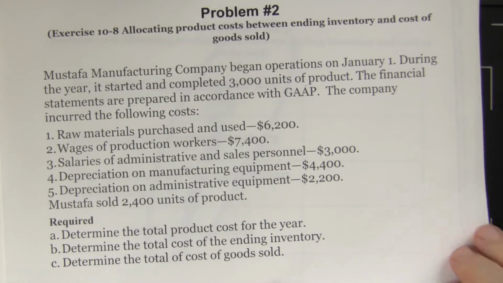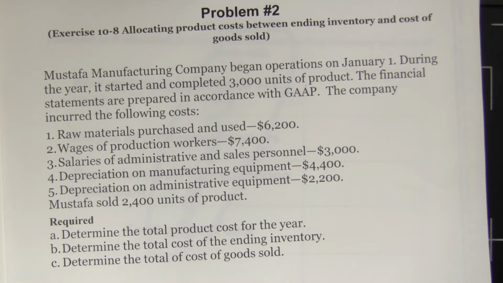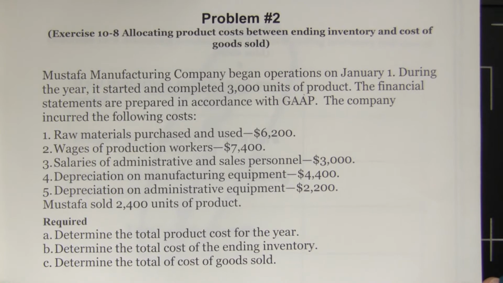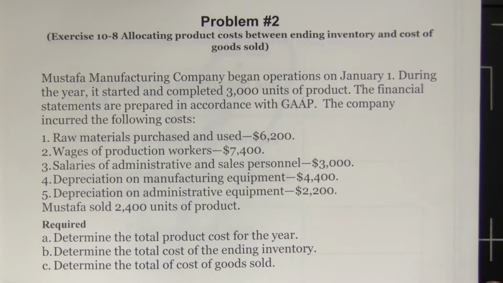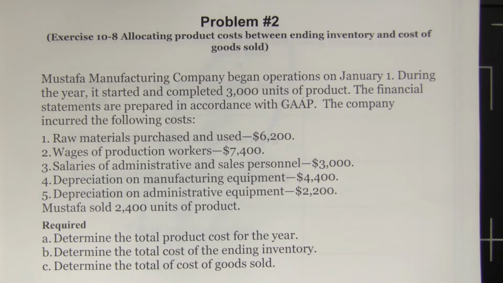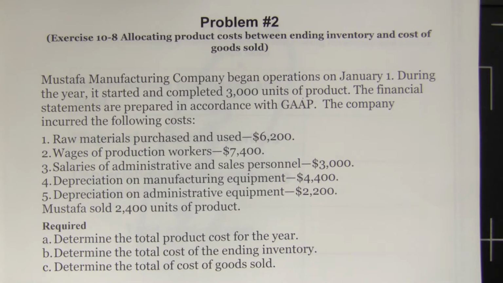They give us some information and they want us to determine the total product cost, and then they want us to take that product cost, and here's the financial accounting part, divide it between cost of goods sold and ending inventory, exactly like we did before. The only difference is here we're making the product, not buying it. So let's go through and take a look at what they're telling us here.